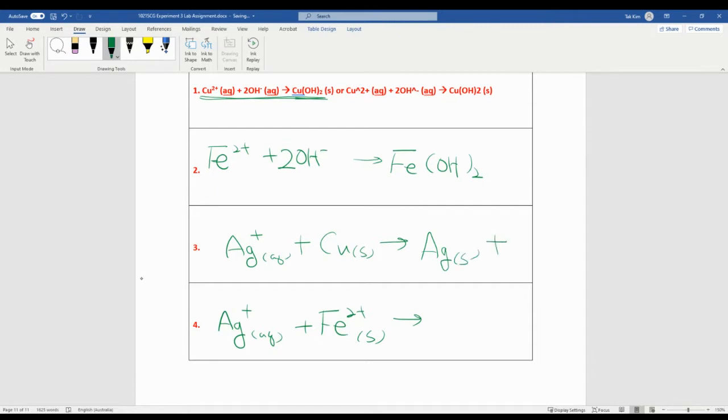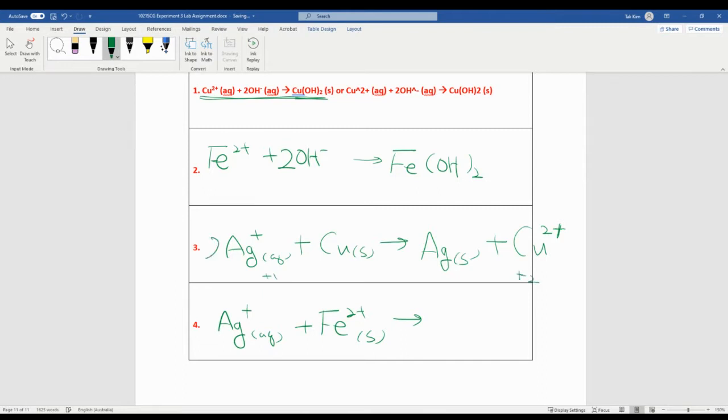Then copper needs to be oxidized. But fundamentally, copper is a transition metal, and the common oxidation state is 2+. Copper loses 2 electrons when it oxidizes. Because of that, you need to balance the charge. So the easiest way to balance the charge over here is +1, +2, right?